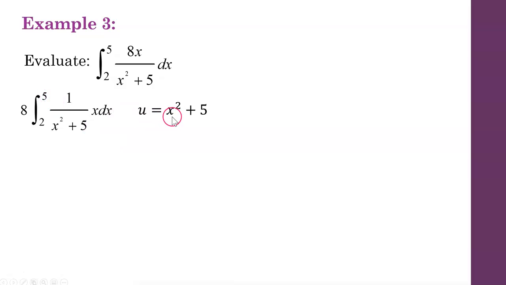And if I plug 5 in here, I get 25 plus 5, which is 30. So 1 over u would go from 9 to 30, and the function 1 over u is continuous between 9 and 30. The only discontinuity would have been at 0. If these numbers cause my function to pass through 0, I would need to worry about it. But in this case, there's nothing to prevent me from continuing.